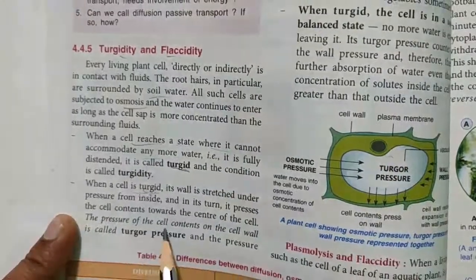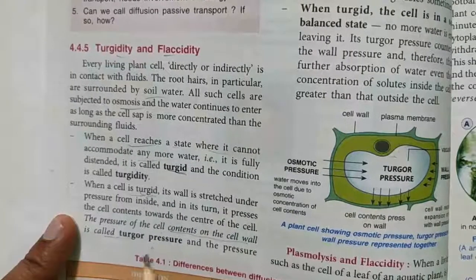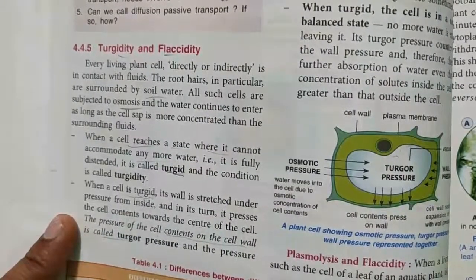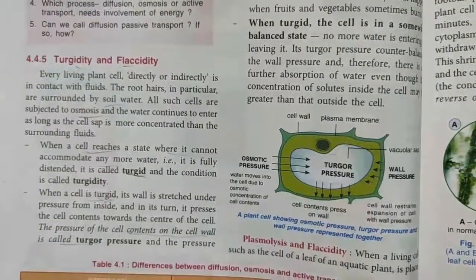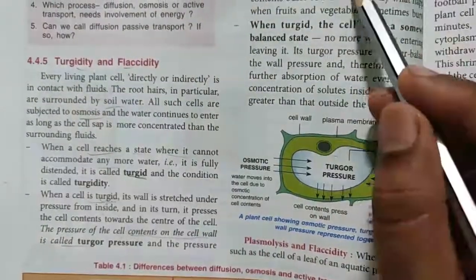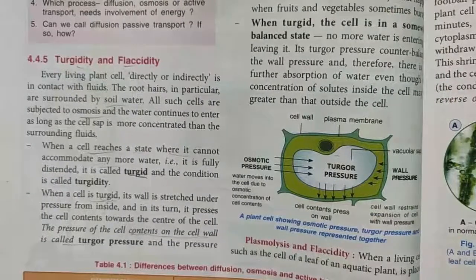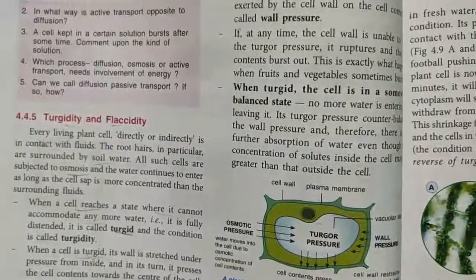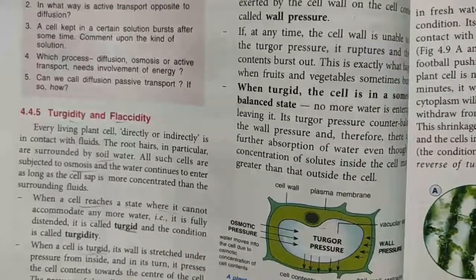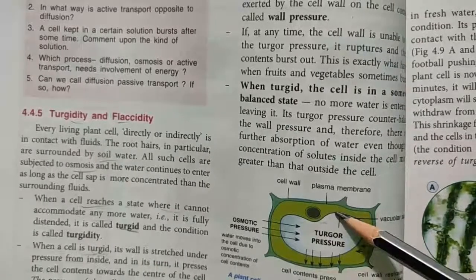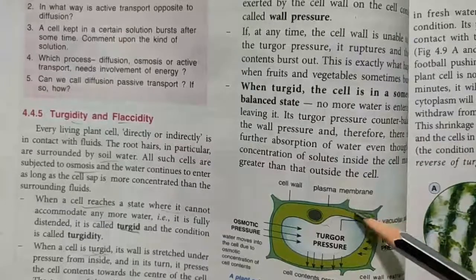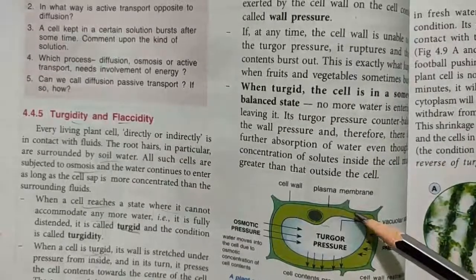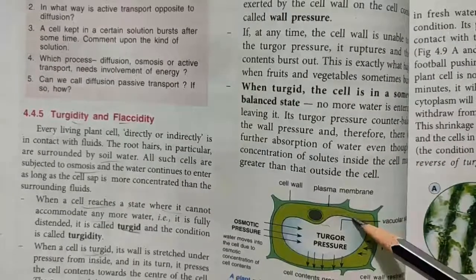The pressure of the cell content on the cell wall is known as turgor pressure. And the pressure exerted by the cell wall on the cell content is known as the wall pressure. So here, if you see, there are two types of pressure. First one is the turgor pressure, that means the content of the cell is putting pressure on the cell wall. Vice versa, the cell wall in return is also putting a force on the cell content.